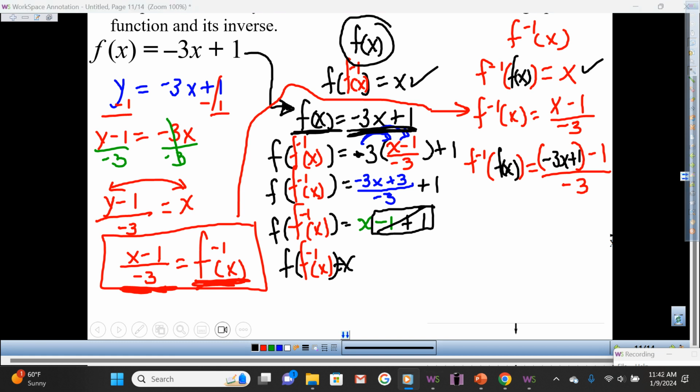Slow it down a little bit. All right, so the left side stays the same. F inverse of f of x. Let's combine stuff on the numerator. What is negative 1 plus 1? 0. And that leaves us with negative 3x over negative 3.